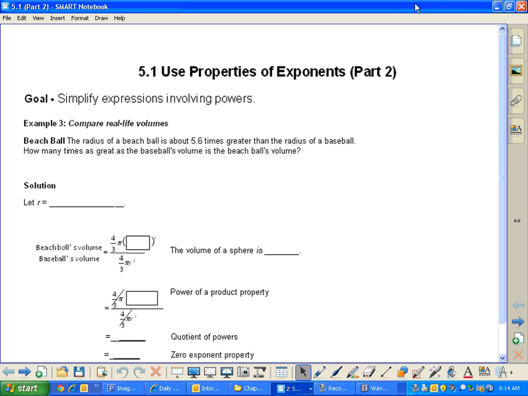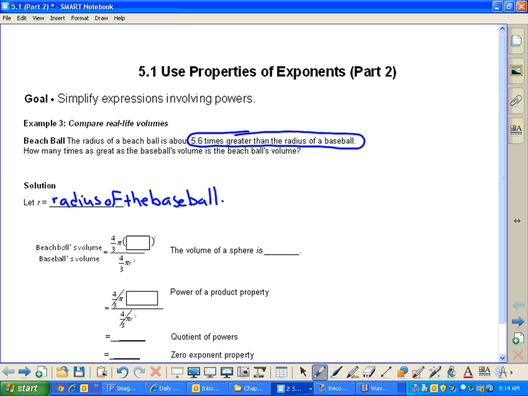So let's do it. In our solution, we're going to let r equal the radius of the baseball. And what they say here is that the radius of a beach ball is actually about 5.6 times greater than the radius of that baseball.